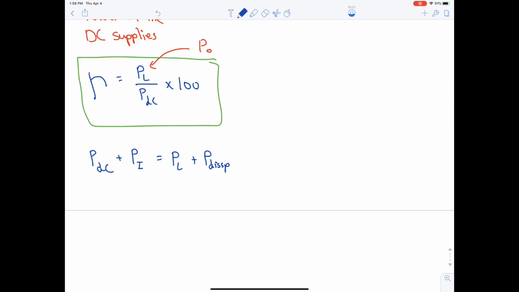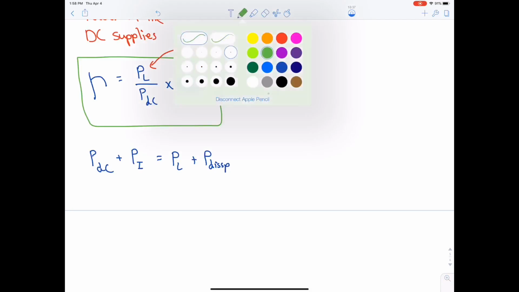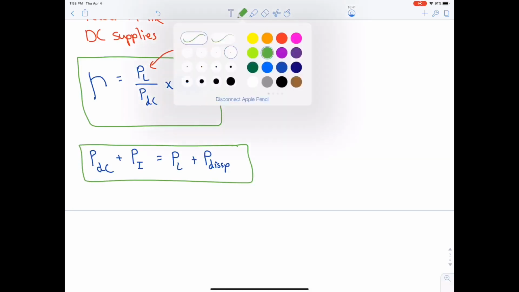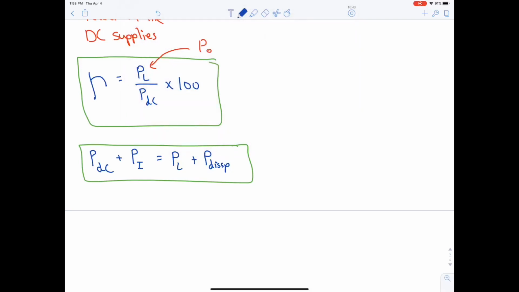In order to find the power loss in the amplifier, you need to check the power that is being inputted into the amplifier and the power that is being outputted from the amplifier. The difference between these two values is the power dissipated in the amplifier, which is represented as P_dissip, and the unit is also watt.